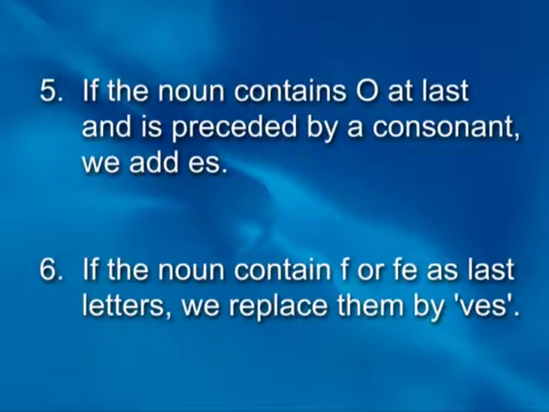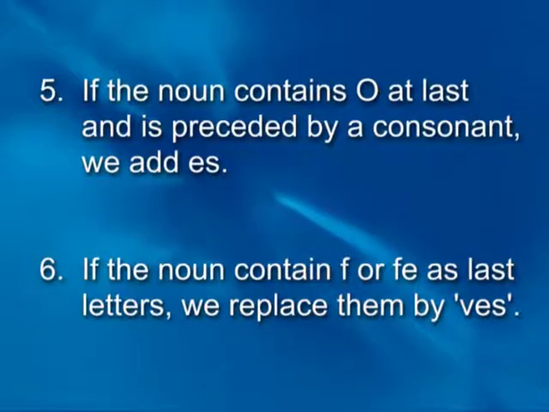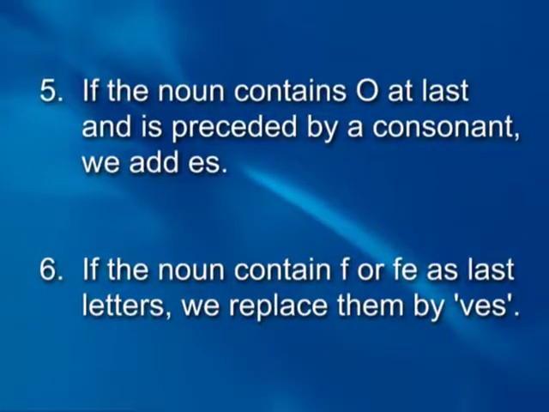Number 6, if the noun contains f or fe as last letters, we replace them by ves. You can give relevant examples with the rules to make it easier for the students to comprehend them.